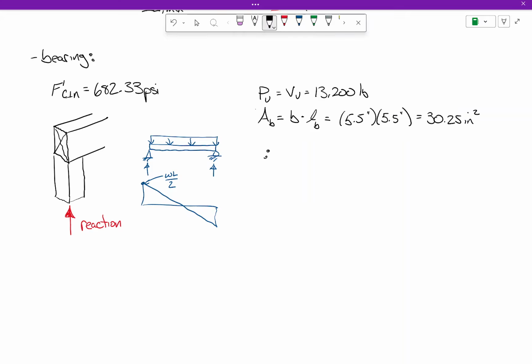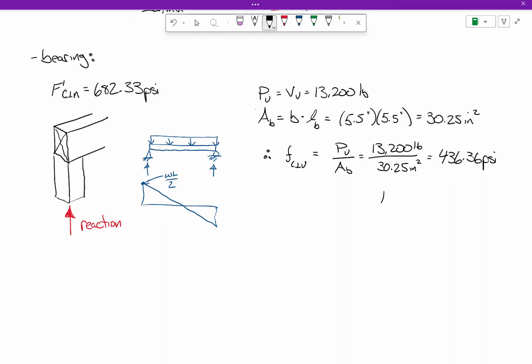So therefore, the applied stress that we're getting in bearing, sorry, not N, the U, is just PU over AB, which is 13,200 pounds over 30.25 square inches, which is 436.36 psi.